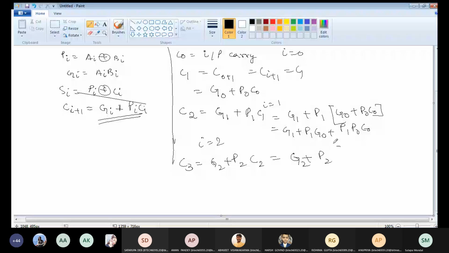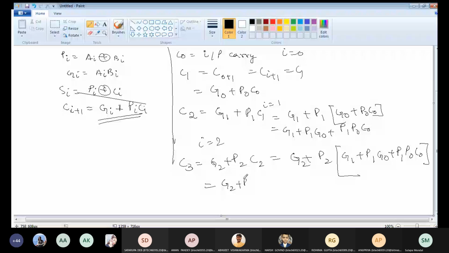Now you will get the final expression, that is G2 plus P2 G1 plus P2 P1 G0 plus P2 P1 P0 C0. This is your C3.